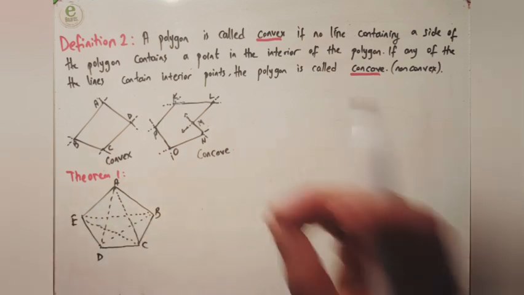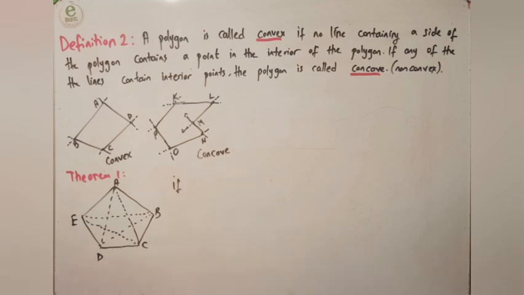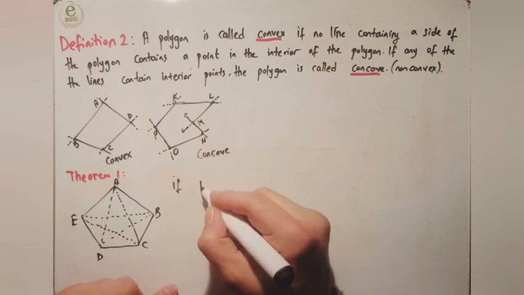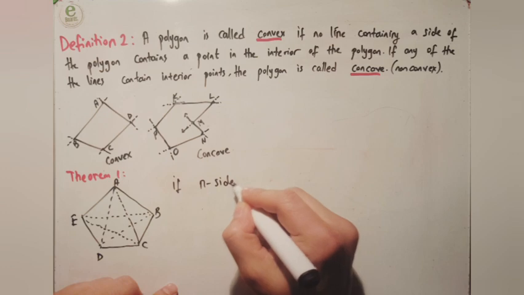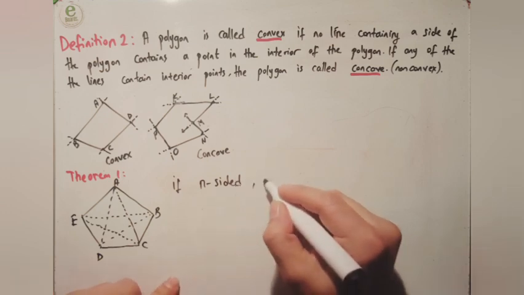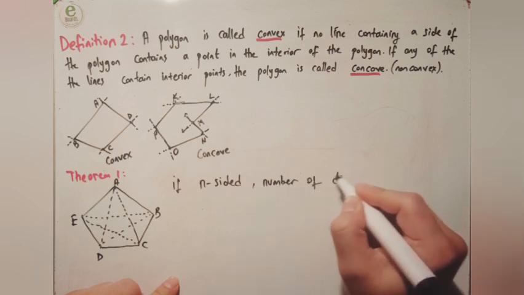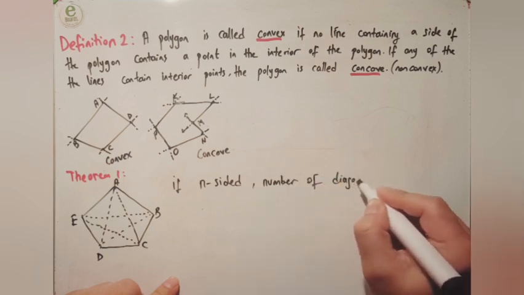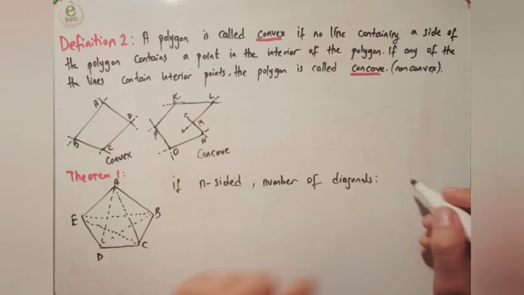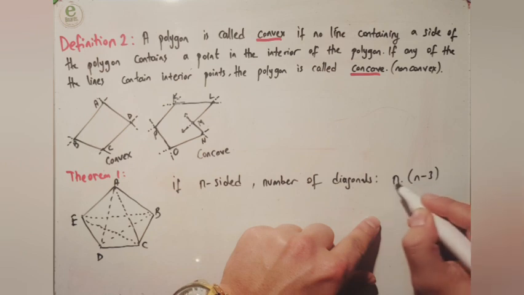With the formula, how can you find this? If the polygon is n-sided, to find the number of diagonals, we are going to use n times (n minus 3) over 2.